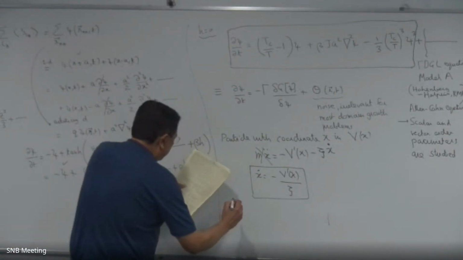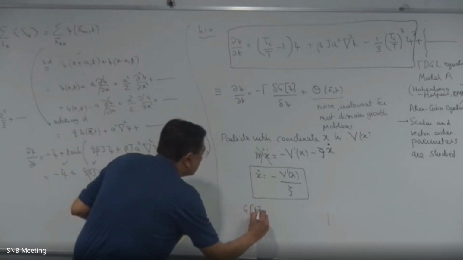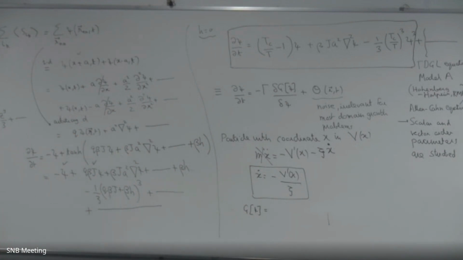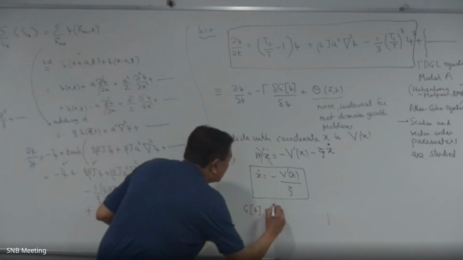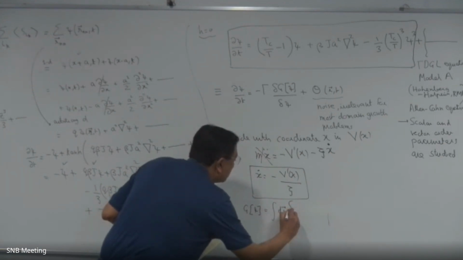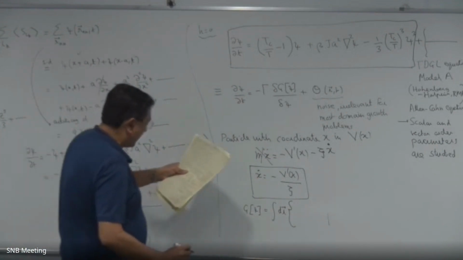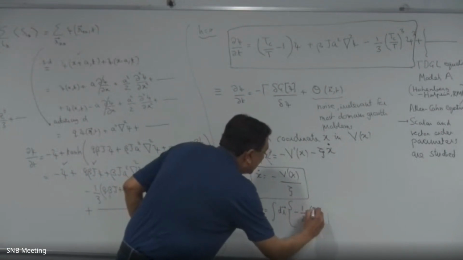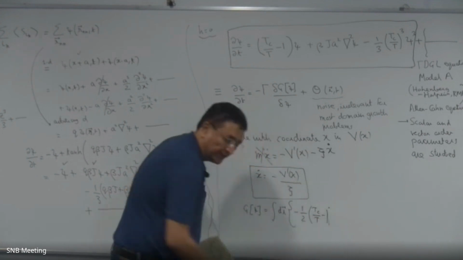So the free energy is G of psi. It's a functional, so it's an integral of a function, right? I mean, we're familiar with that notation. It is an integral over volume, and then the various terms are, let me write them down and then I'll argue them.